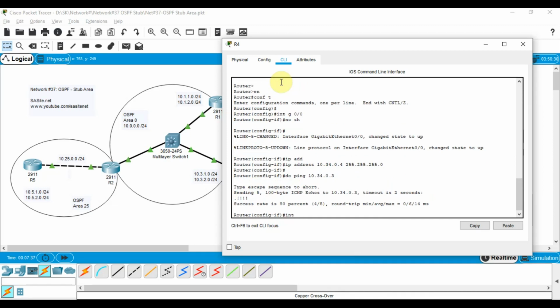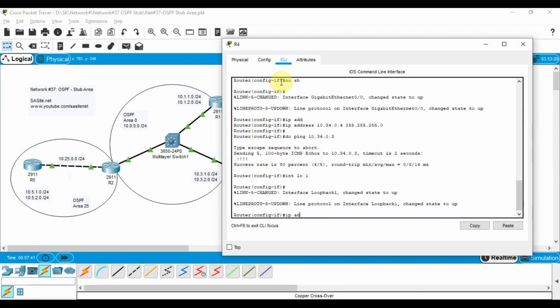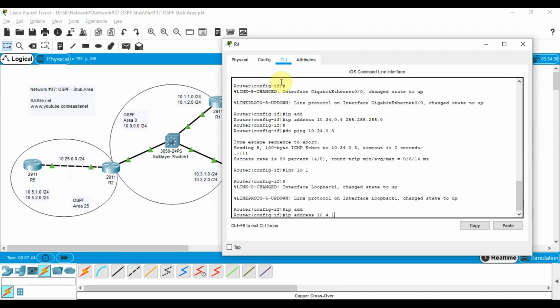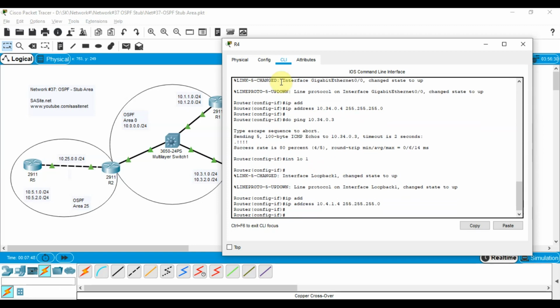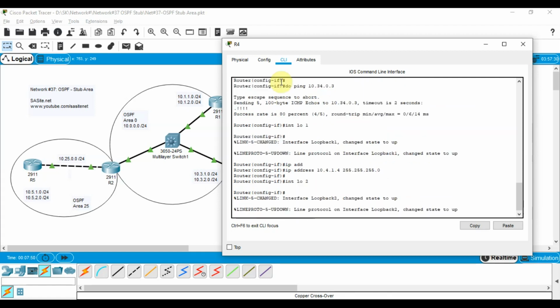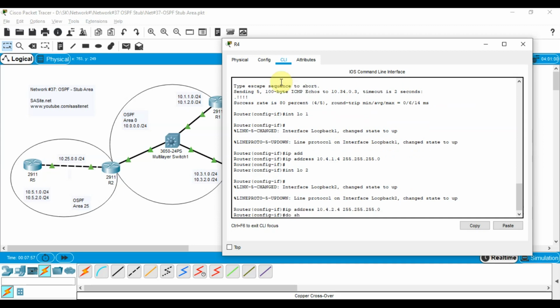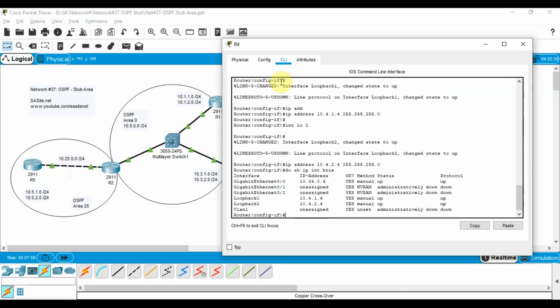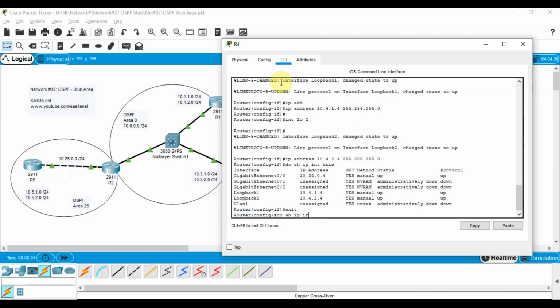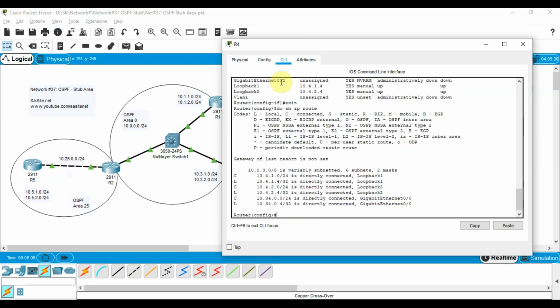And we create two networks behind this R4: interface loopback 1, which represents 10.4.1.4/24, and finally interface loopback 2 with the IP address 10.4.2.4/24. Do show ip interface brief. Okay, things look okay. Exit, do show ip route. No routing except the connected interfaces.